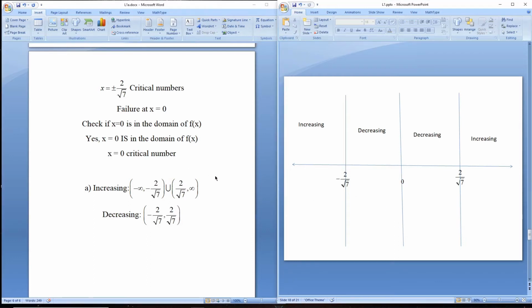So what about all extrema? Well, we know we increase to a max. We decrease to a decreasing. What does that mean? We're going from decreasing to decreasing. That means 0 is a plateau.